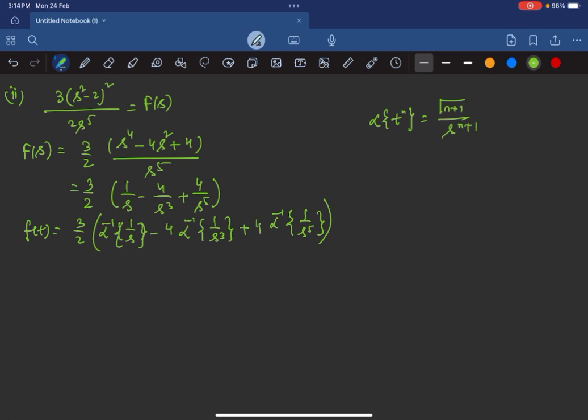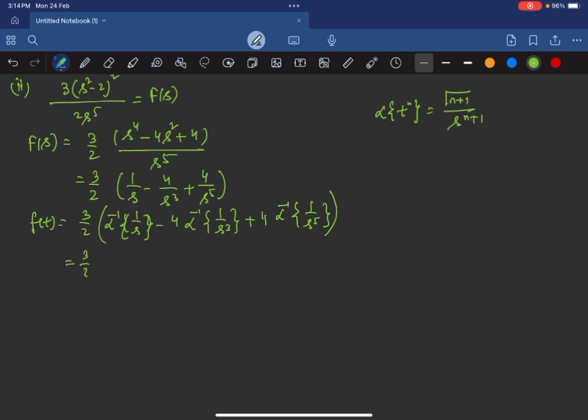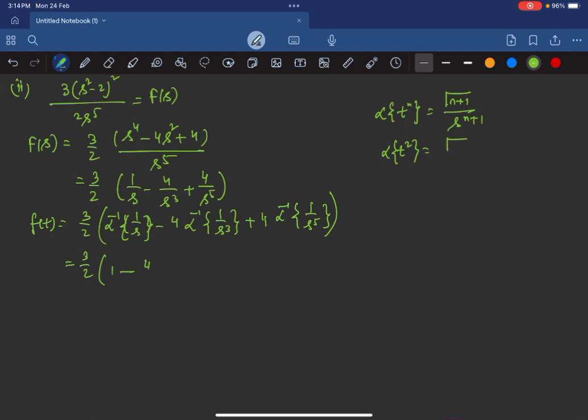According to that, if you go with the calculation, what will you get? 3/2 times [1 - 4 times Laplace inverse of 1/s^3, that is t^2/2, plus 4 times Laplace inverse of 1/s^5, that is t^4/24].